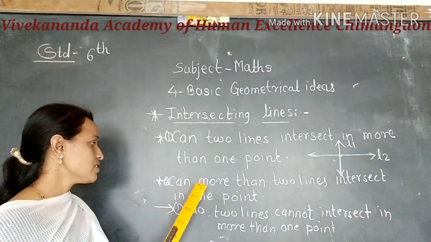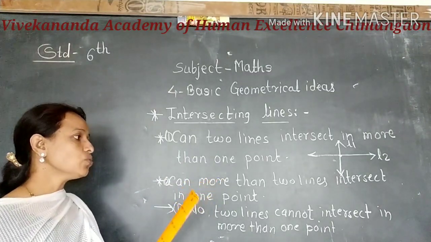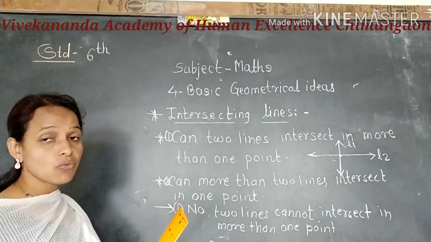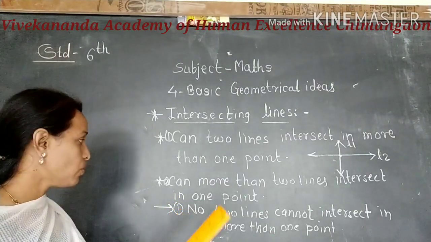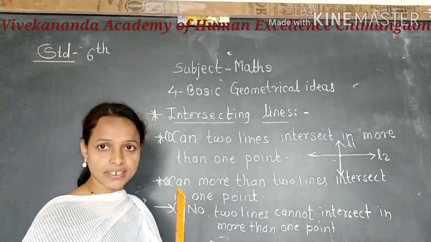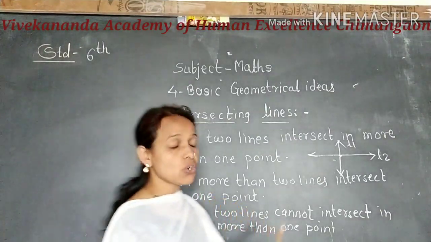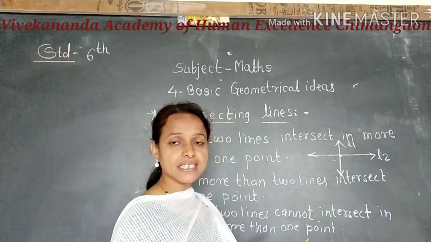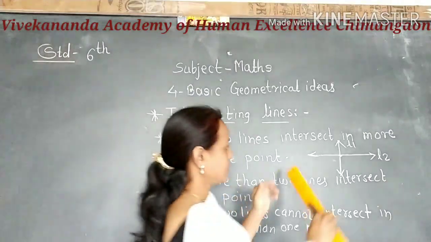Okay. Second question: can more than two lines intersect in one point? Now, we can draw many lines through one point.